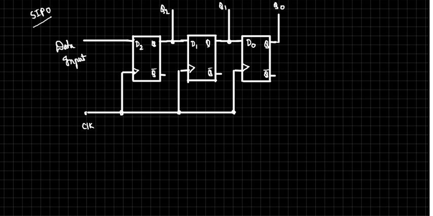An example of this. Can you tell me an example of this? Say for example you need to glow all the LEDs in some fashion. Let's say the first should glow, another should not glow, the third one should glow, and so on.